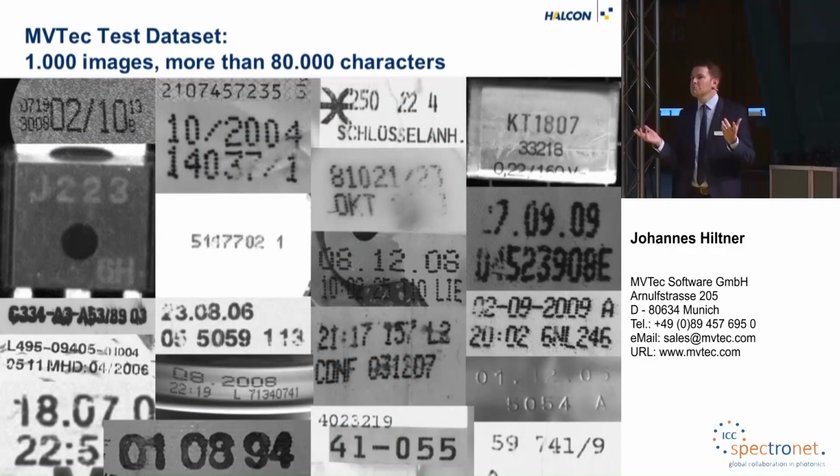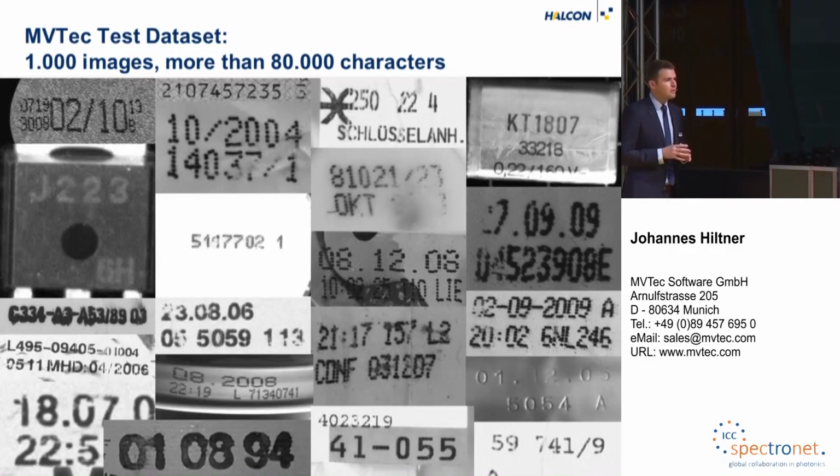So we not only picked up some OCR samples, but we really picked up challenging OCR samples. Compared to a regular testing data set, which only contains similar images belonging to a similar application, we picked up over 1,000 images from many different kinds of applications, and we labeled over 80,000 characters.